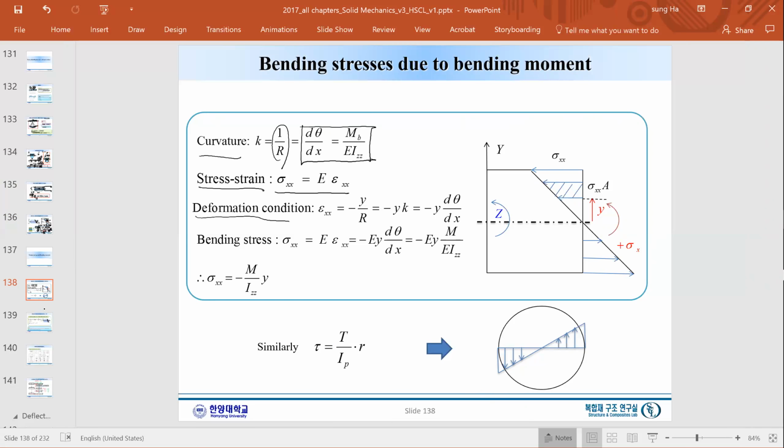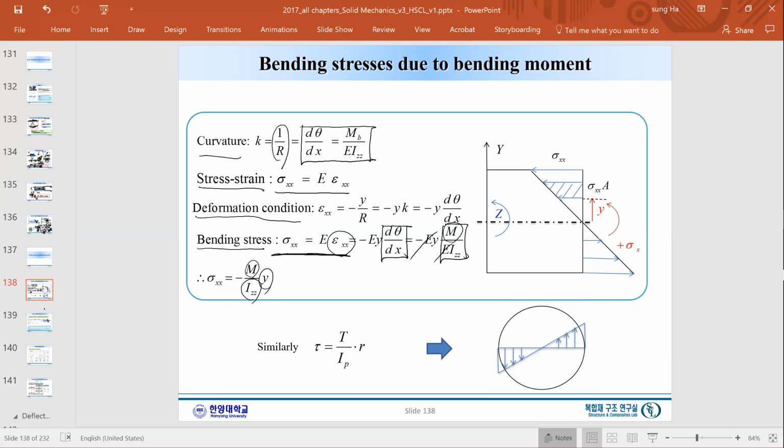And then the deformation condition, we already considered that in the derivation here. Importantly, the bending stress was like that simply, and epsilon xx is y times d theta/dx. It's nothing new. It's the same as before. We just repeat and summarize again. And this one is simply like that. As you can see, Young's modulus disappears, and simply the moment divided by Izz and then y.